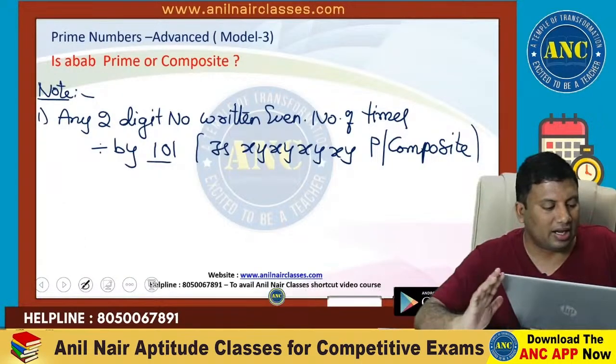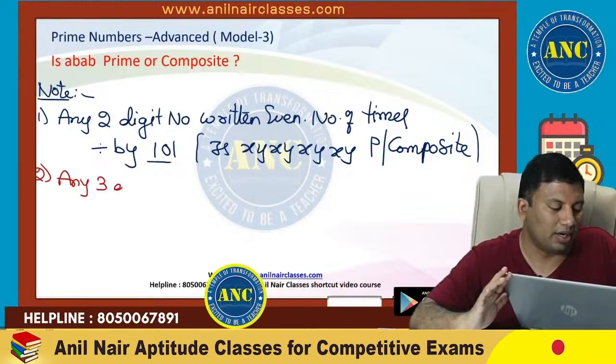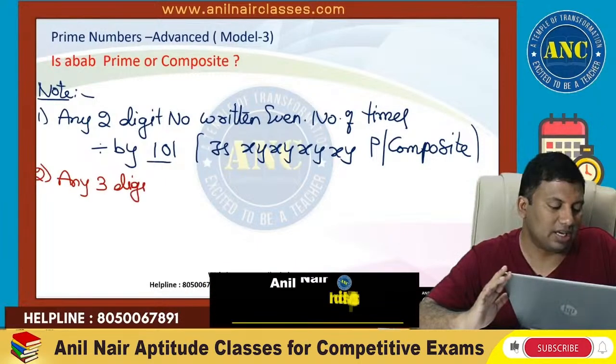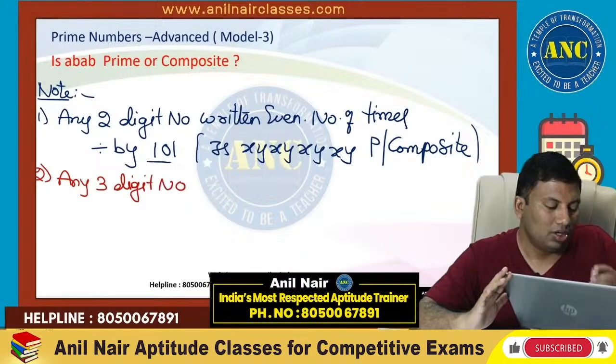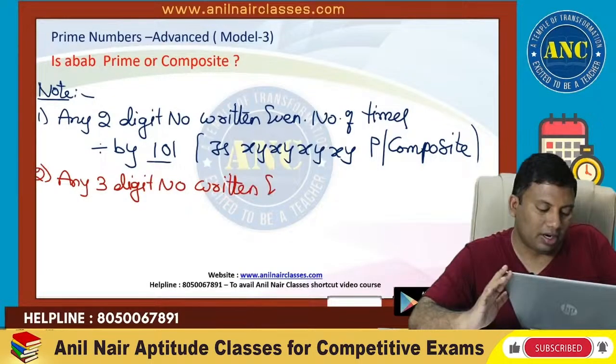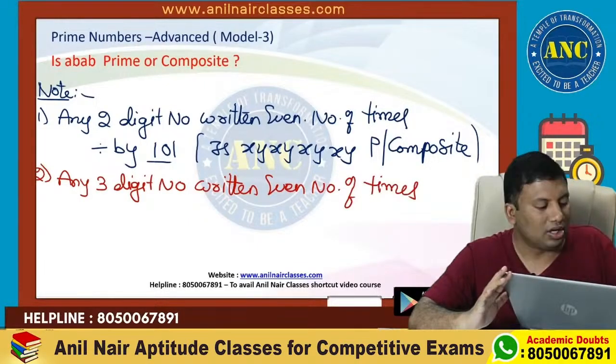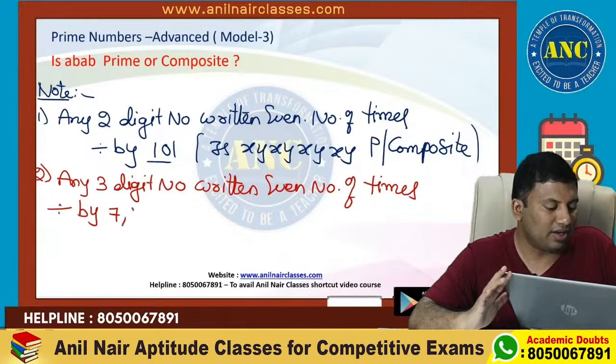Similarly, any 3-digit number written an even number of times is always divisible by 7, 11, 13.